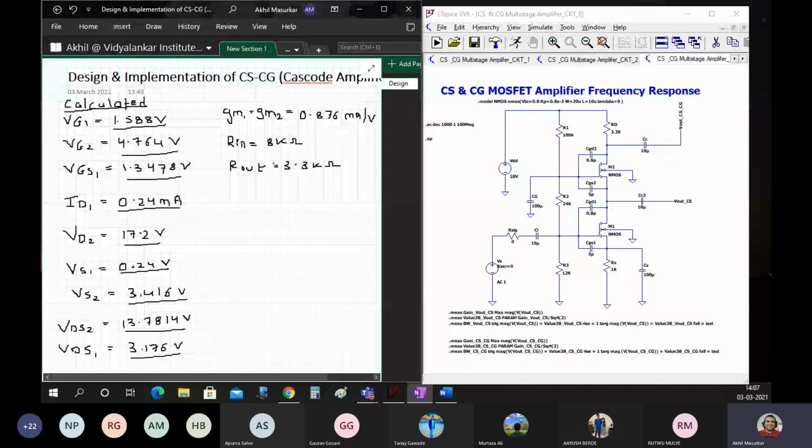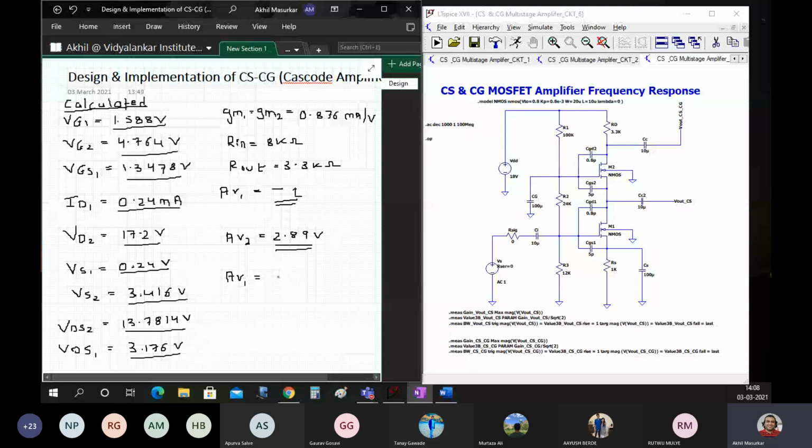And then we had AV1, which was obviously -1 since it is a CS-CG, and AV2 is equal to 2.89.